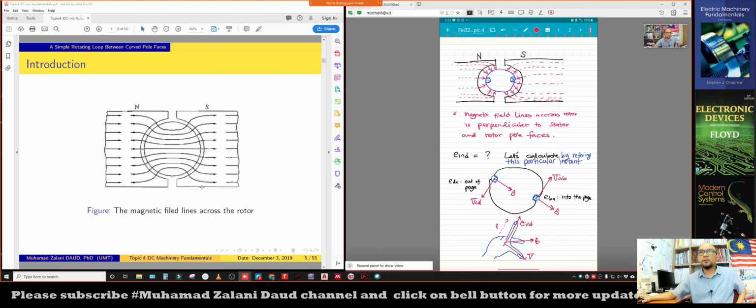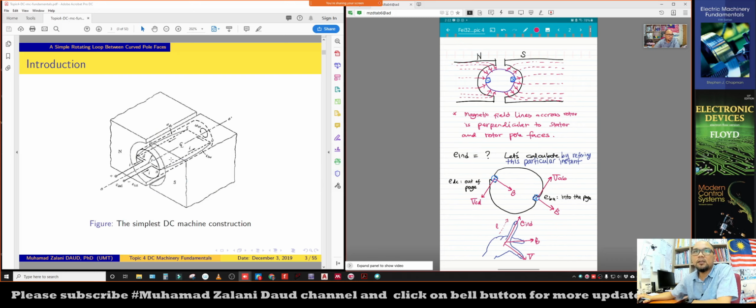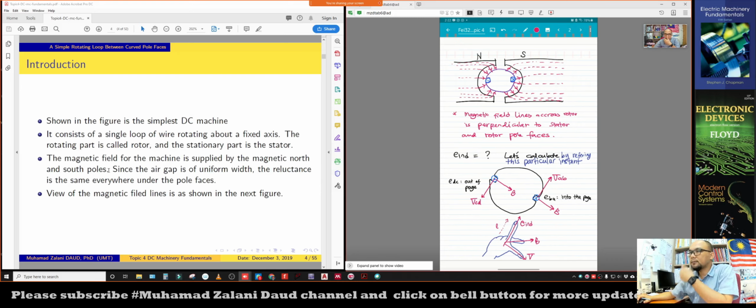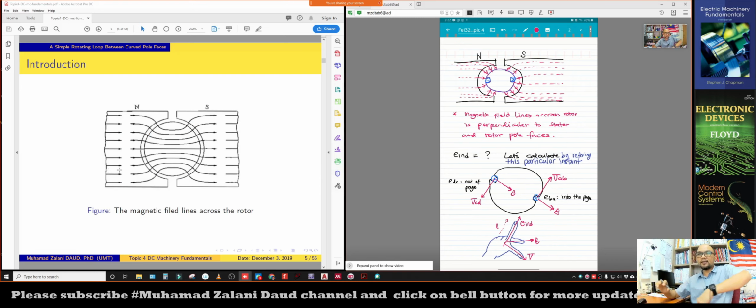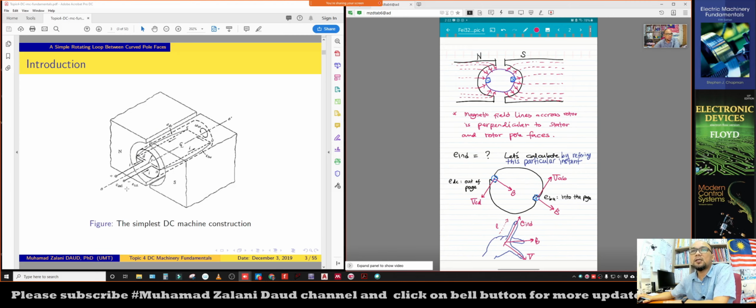From the DC machine construction given on the earlier page, this is the figure of the magnetic field lines, the flux lines, that we can observe if we look at the machine from the back.